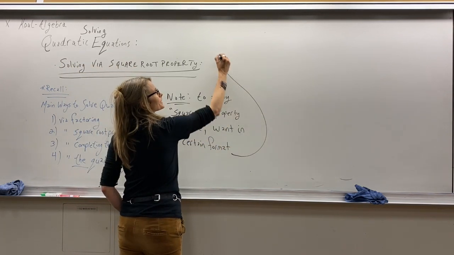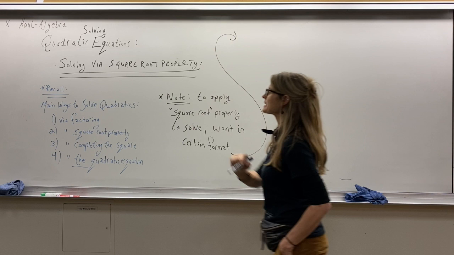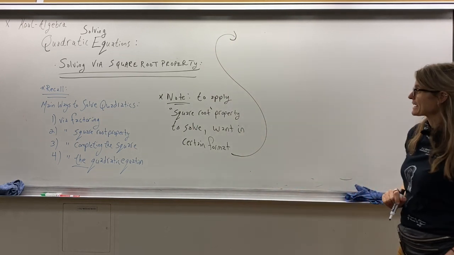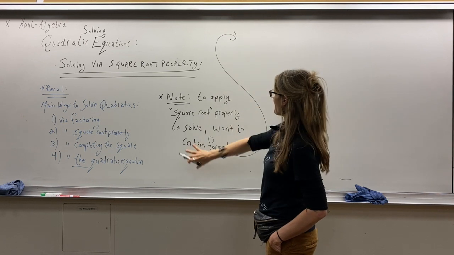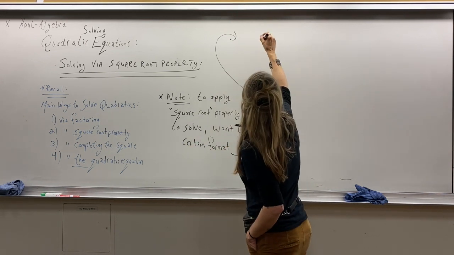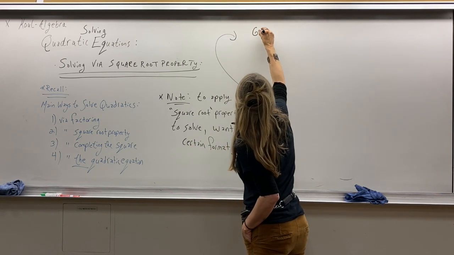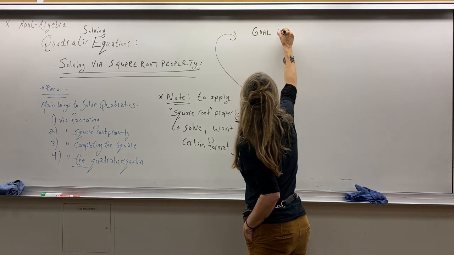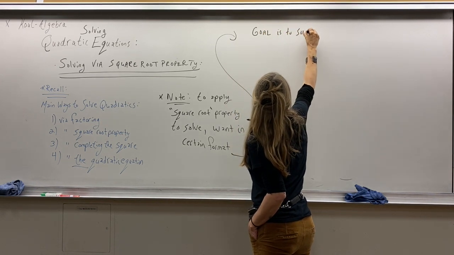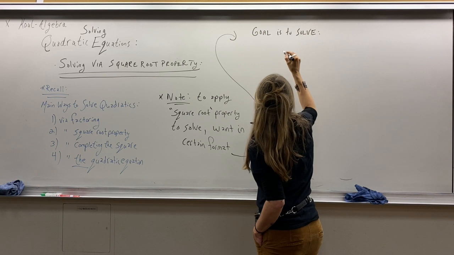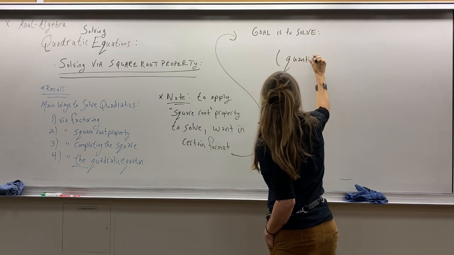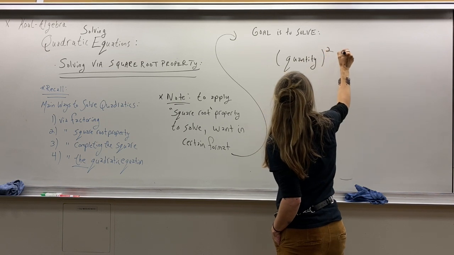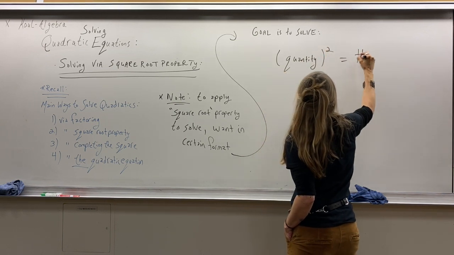So we're going to go over here. This is nonlinear board. Remember, we're taking off from linear equations. We're going to curved spaces. So we have a certain form that we want. So our goal is to solve something that is in the form where you have a quantity squared equal to some number.